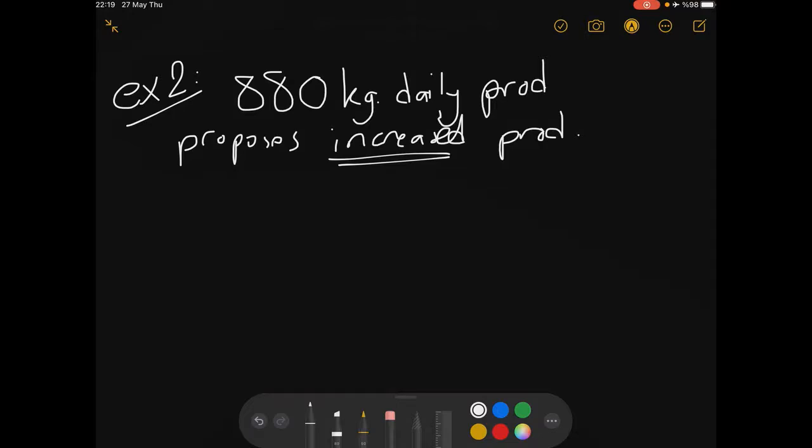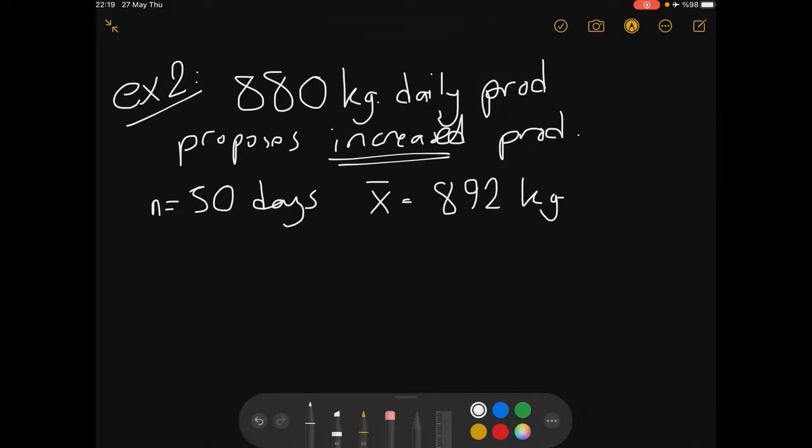And you take 50 days production as a sample, n equals 50 days, and the average was this many kilograms, right? 892 kilograms with the standard deviation of 21.